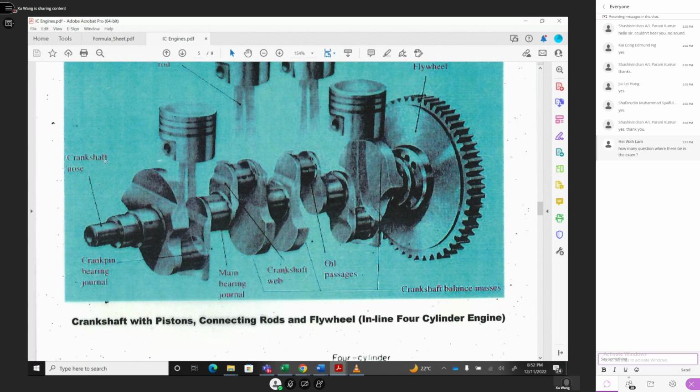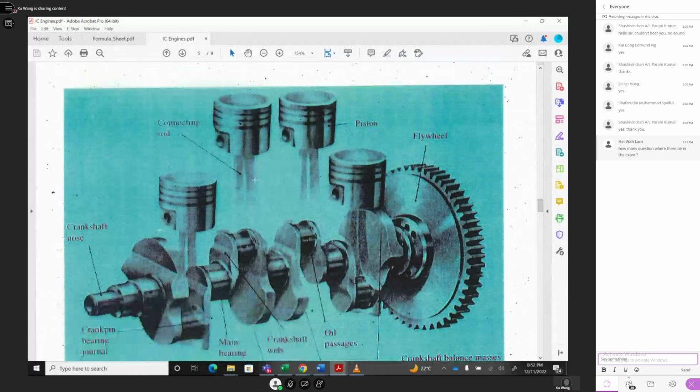Also the crankshaft journals. This is the main bearing, the journal bearing here, and this is the crank pin bearing and crank pin oil passage. And this is the connecting rod and this is the piston.